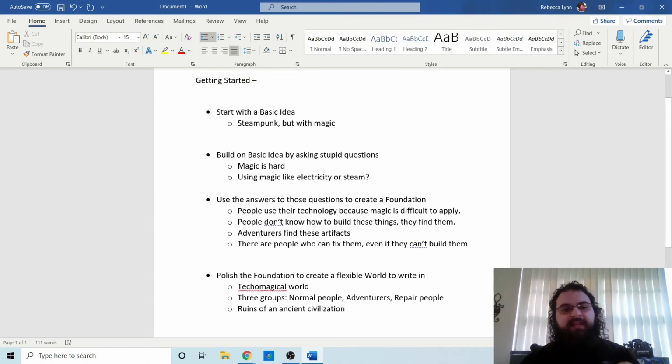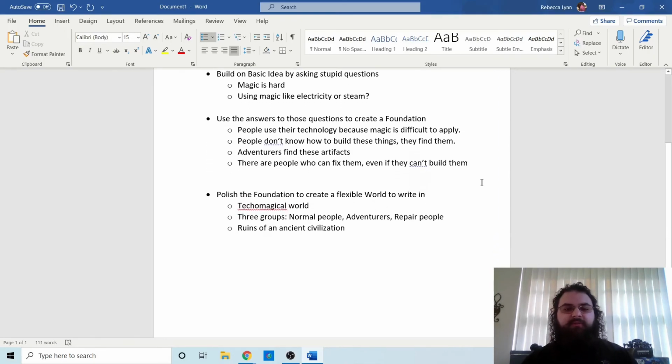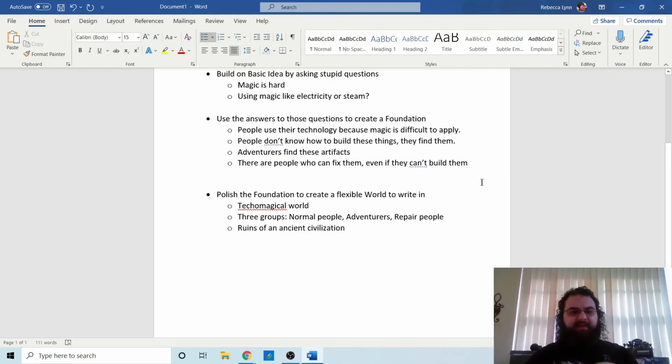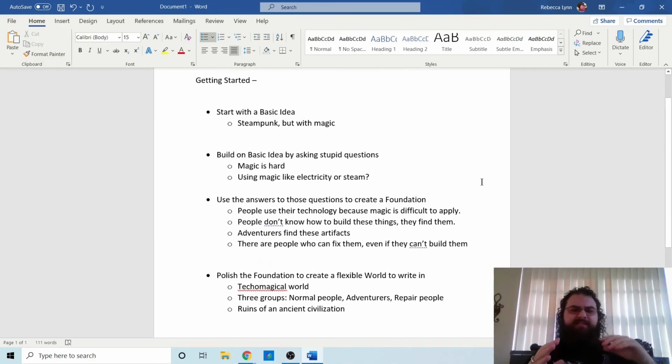Most of them don't really have any more to do with how you take a basic idea and turn it into a world that you build in. So this is just the steps that I took for Leviathans, where I started with the basic idea. I moved from that basic idea by asking questions, very simple ones.